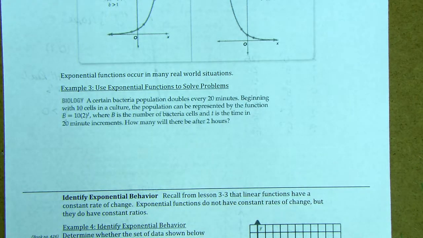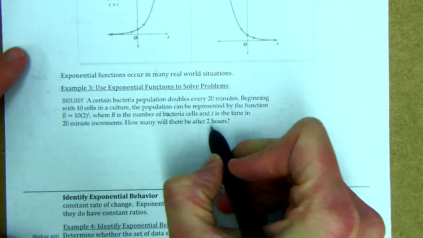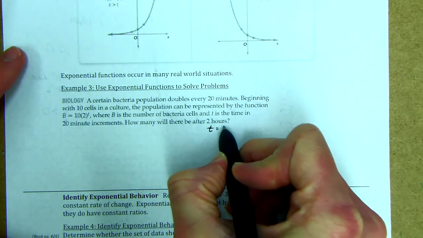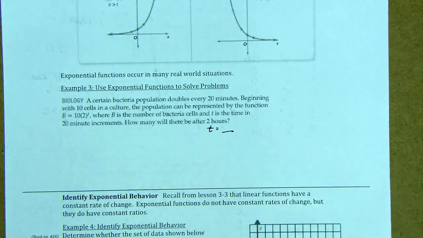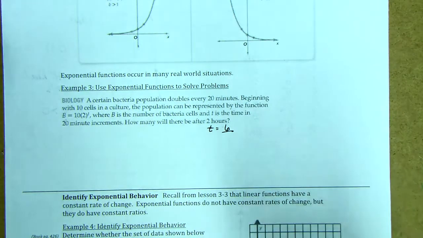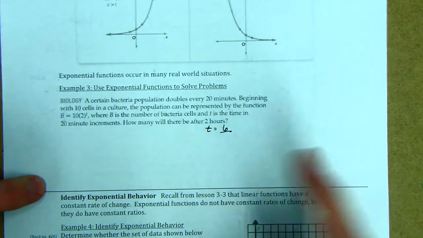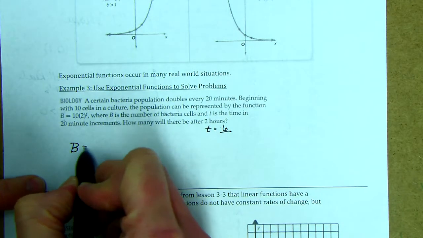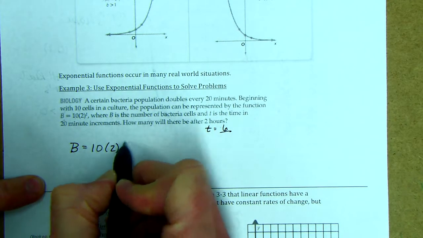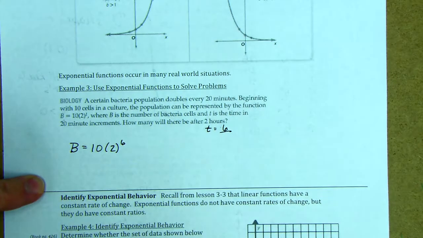Okay, so how many will there be after 2 hours? So first of all, how many increments of 20 are in 2 hours? And that would be 6. There are 20-minute sections, 3 of them in every hour, so 6 of them. So we're going to plug into this equation, B equals 10 times 2 to the 6th power.